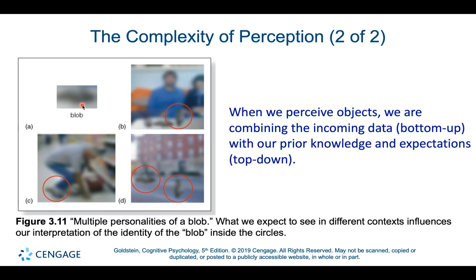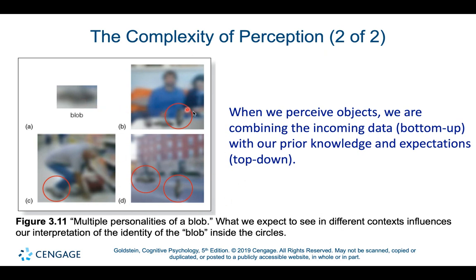But if you take that blob and you Photoshop it into different scenes, B, C, and D are different scenes. Here we have people sitting at a table or in a living room. Here we have a man, it looks like at a store, probably the grocery store or the pharmacy. And here is a street scene.